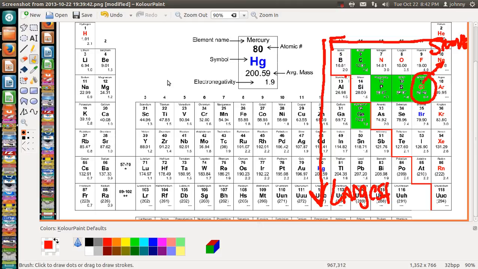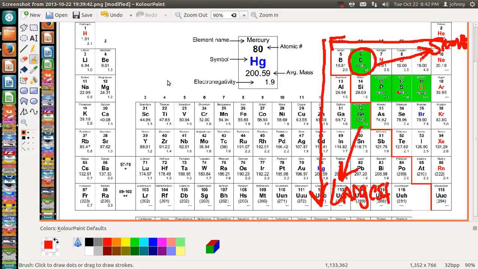But if you remember, you have to go down to increase. So really, even though the CL is so much to the right, actually carbon is the one that is the smallest here. Okay? The largest one would be the GE. Carbon is simply the smallest because it's the one up higher. Okay?